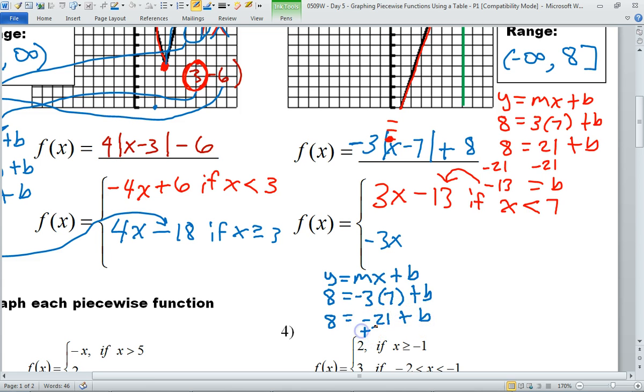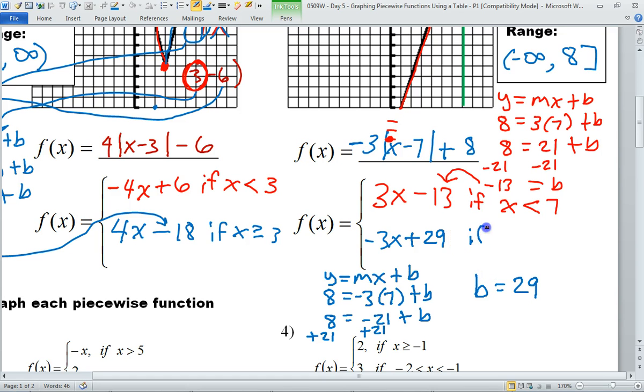If I add 21 to both sides, that gives me b equals 29. So b is 29. So that's going to be negative 3x plus 29. Okay? So if you can't see your y-intercept, just use y equals mx plus b. Plug in the vertex and the slope, get your b.